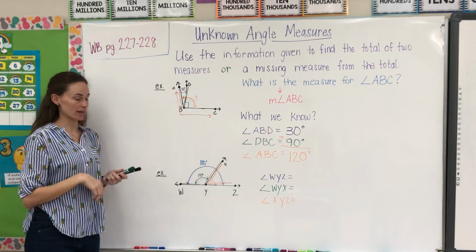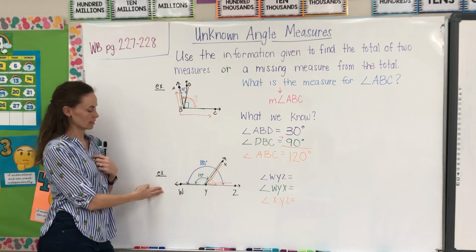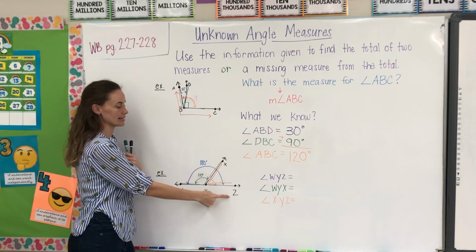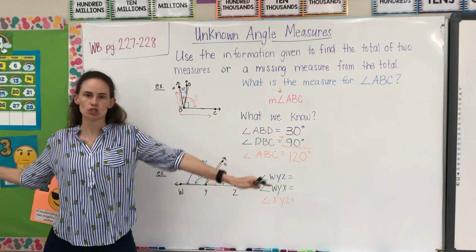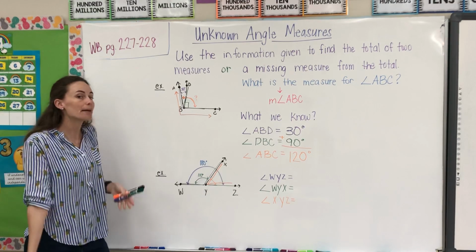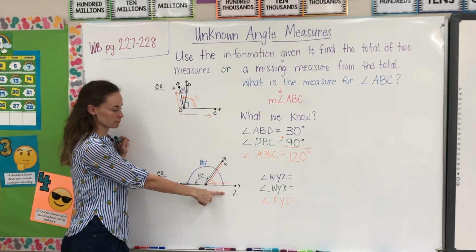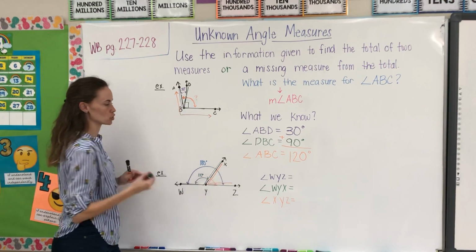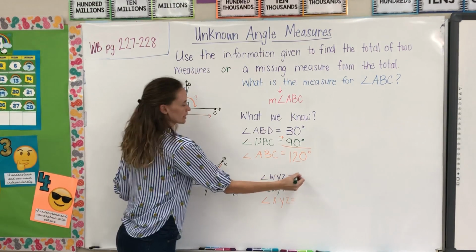Now the other way they could ask is by giving us the total. If you look at this example, we have angle WYZ, which is a straight angle. It goes completely straight, a line, and we know that that measures 180 degrees. So they're telling us the total.